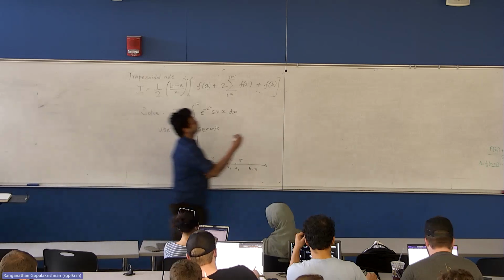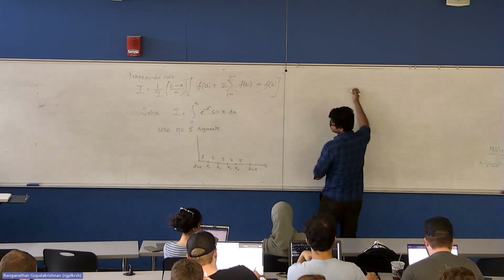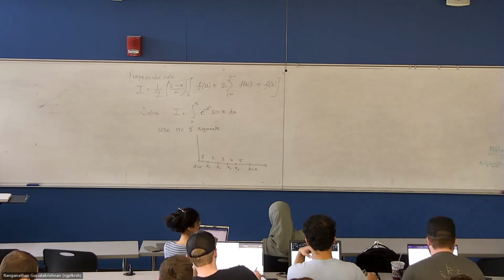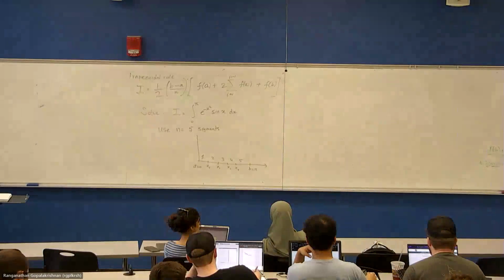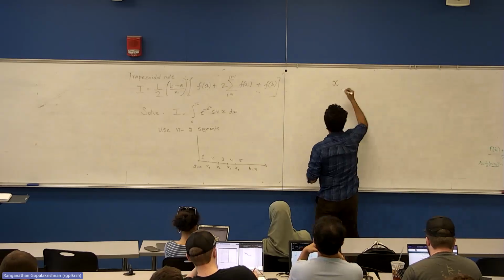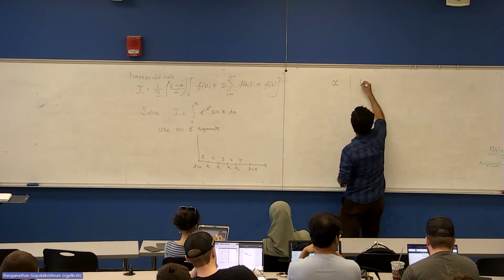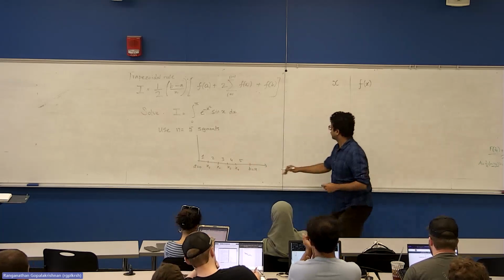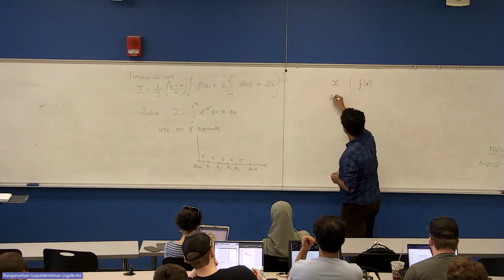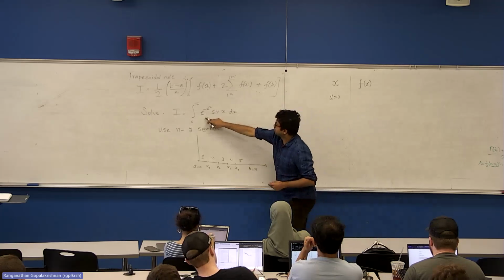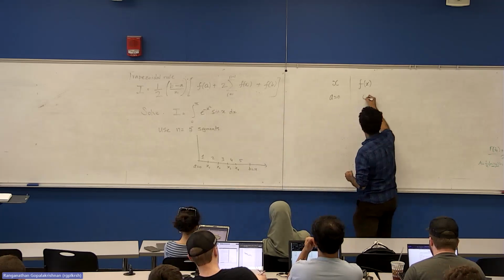So if you are doing this in the exam, here's how I would suggest setting it up. You have your x and f of x, and you want this to run from f of a to f of b. So a being 0, I will substitute 0 here, which will get me this.